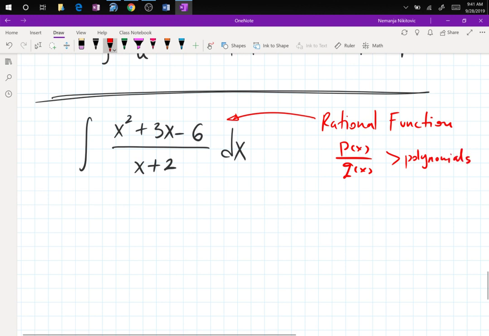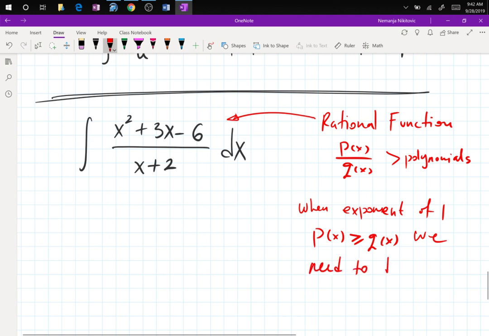So this is what you might call the trick. P of x divided by Q of x, and what I'm going to say here is that when the exponent of P of x is bigger or equal to that of Q of x, we need to divide.